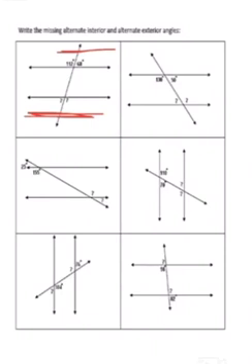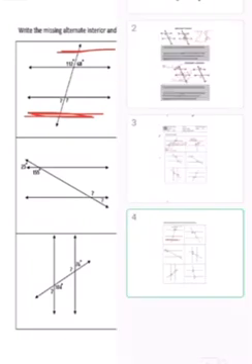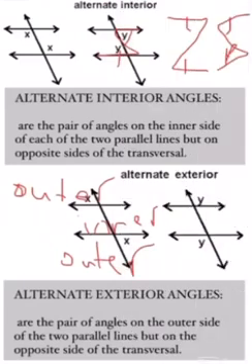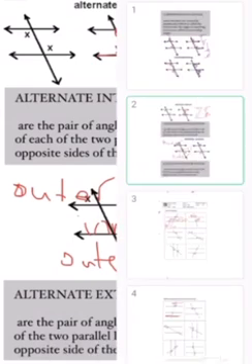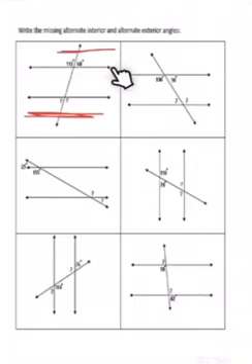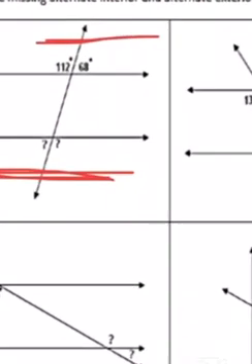So here we have alternate exterior angles, and we know that in alternate exterior angles, the pair of angles are on the outer side, but on opposite sides. If we are working on this angle 112, its opposite side on the second outer side must be here.